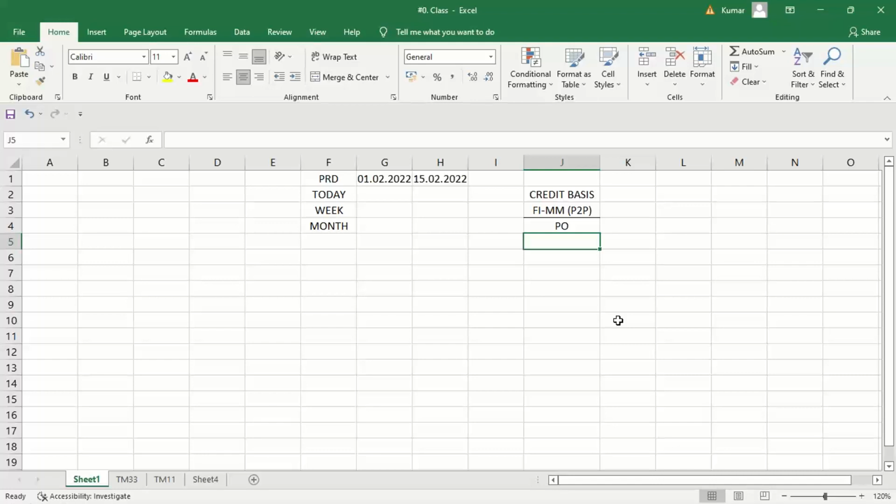Then once the PO is created, the vendor is going to deliver the laptop, the so-called goods. That is posted in the form of a goods receipt here. Then they're going to send the invoices also, right? This is the example of a laptop.